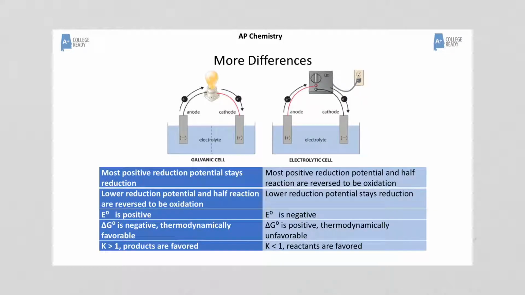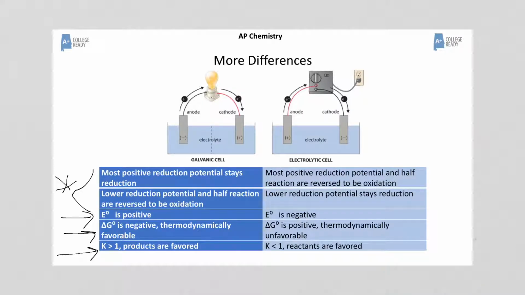Because of those first two things, we had a positive cell potential. And because the cell potential is positive, based on that delta G formula, delta G is negative, and we just went over that K is greater than 1. So this process led into all this other information.